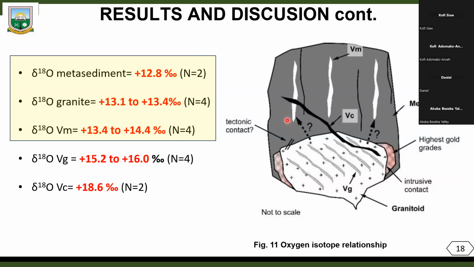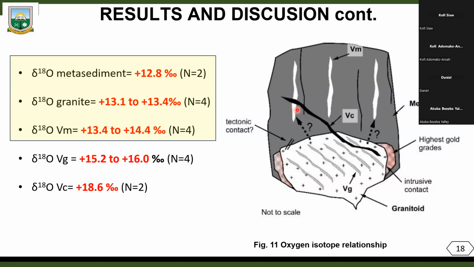If you take the altered portion of the sediments that is in contact with the granitoid, the lowest value is 12.8.